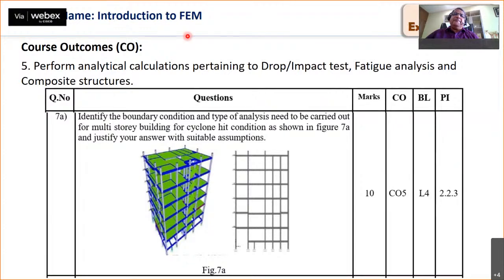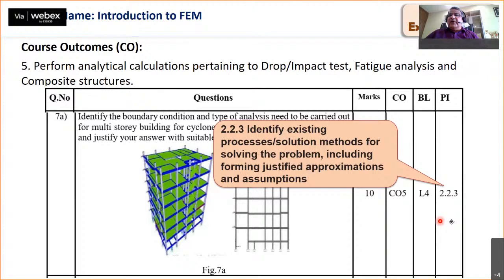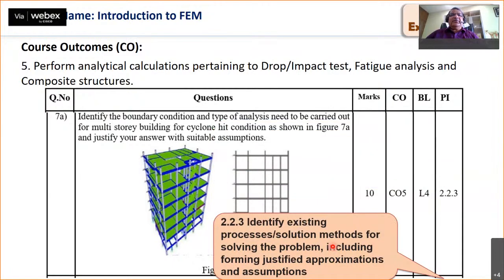Another question from FEM, analysis, is at L4 level. Why is it 2.2.3? Because it is: identify existing processes or solution methods for solving the problem, including forming justified approximations and assumptions.